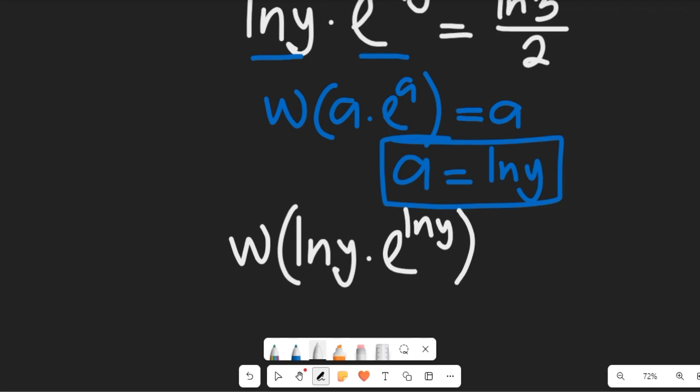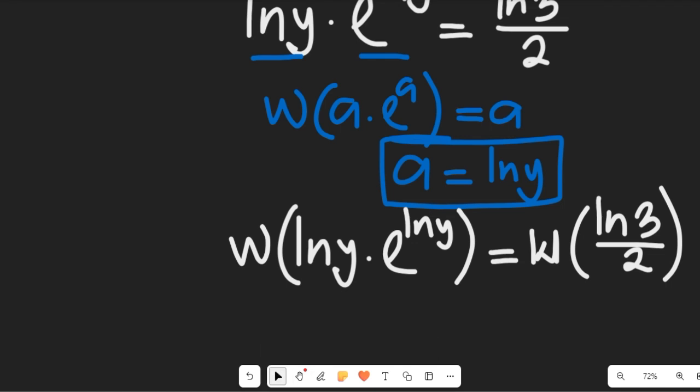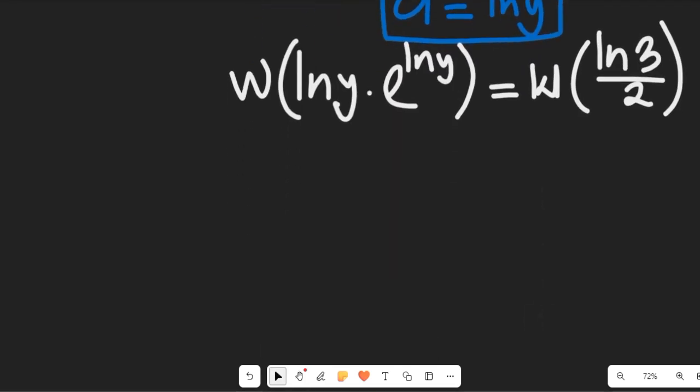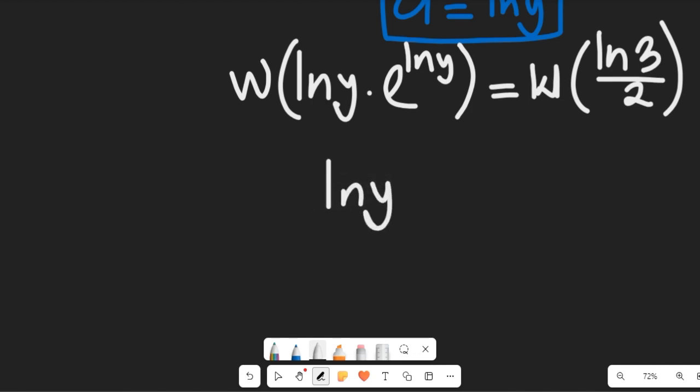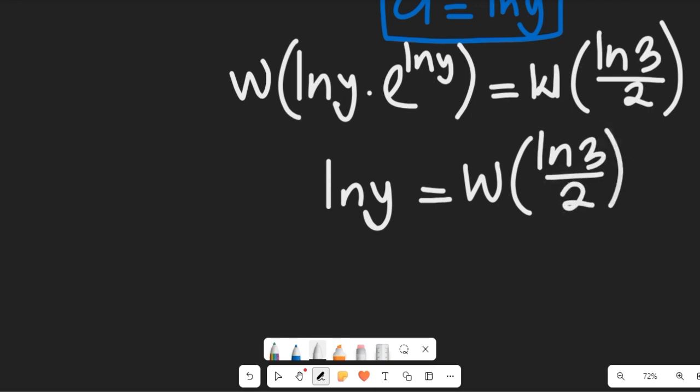And this will be equal to, I also take the Lambert function of the ln of 3 divided by 2. Great. Now, if we simplify this according to Lambert, this will only give me the ln of y, right? And this will be equal to the Lambert of ln of 3 divided by 2.